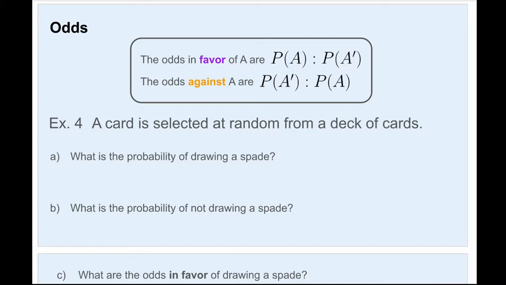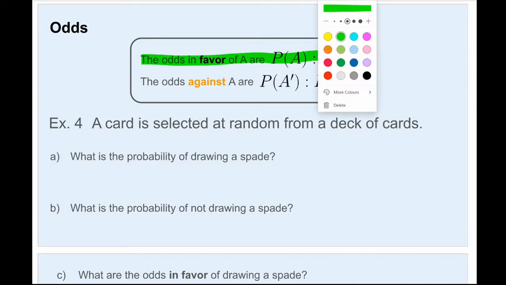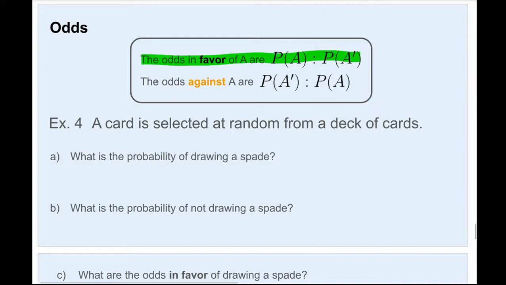Usually the two terms are odds in favor of event A or odds against event A. So the odds in favor of A: the formula is the probability of A as a ratio to the probability of not A, or the complement of A. And for the odds against, we put the probability of not getting A as a ratio to the probability of getting A. So basically it's just ordering the two. If it's in favor, the probability of getting it comes first. If it's against, the complement comes first.